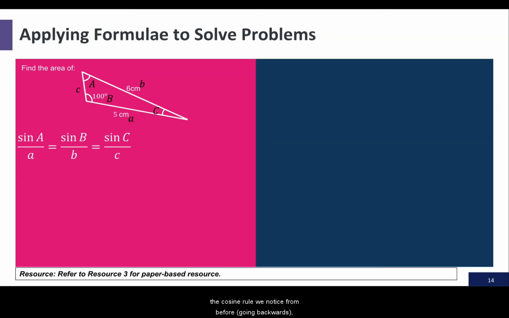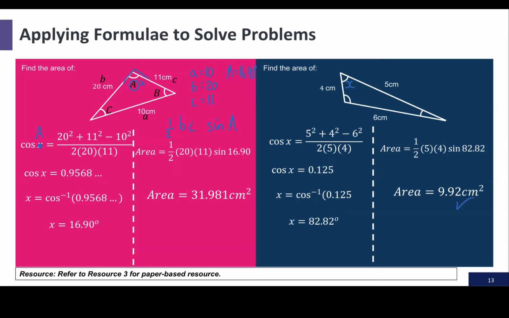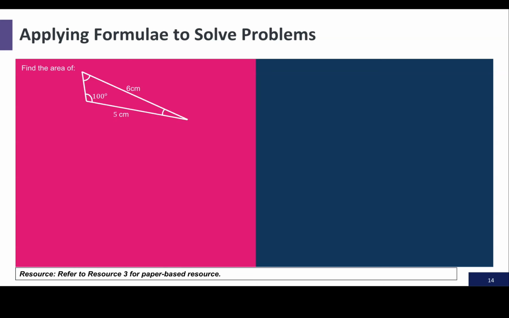The cosine rule, going backwards, we would need all three sides. And the normal cosine rule is two sides and the angle between, which is just like the area. So for this problem I'm using the sine rule.